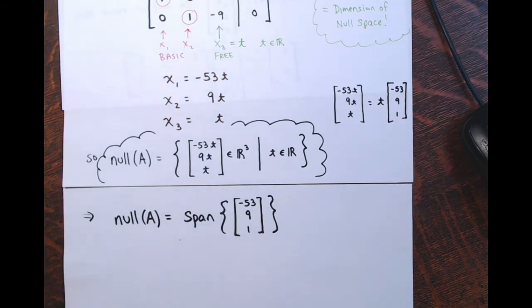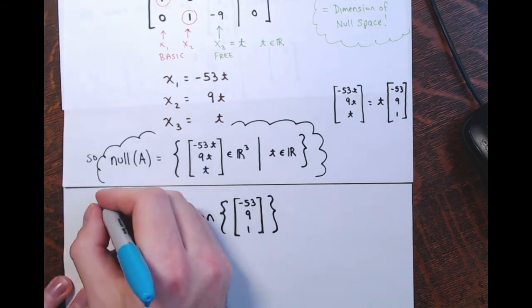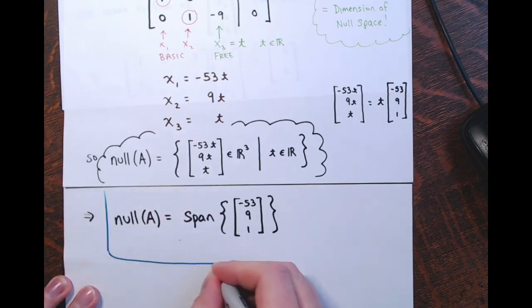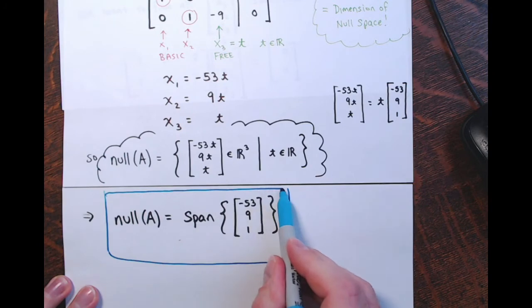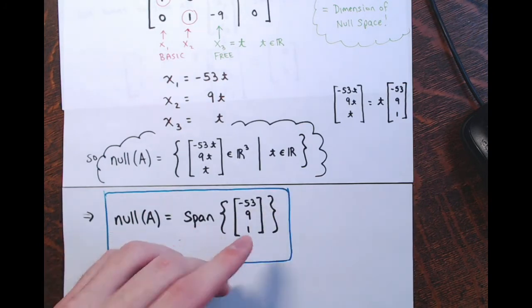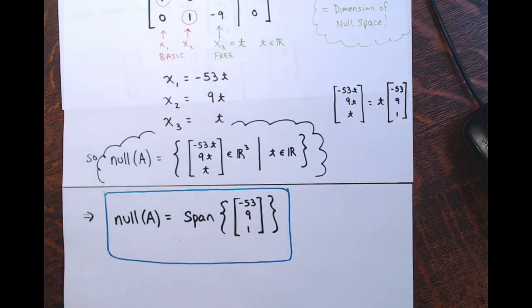I'm going to put this in a brighter color because I like it better. And we're going to do that with all these fundamental subspaces. We're going to express them as the span of some set of vectors.